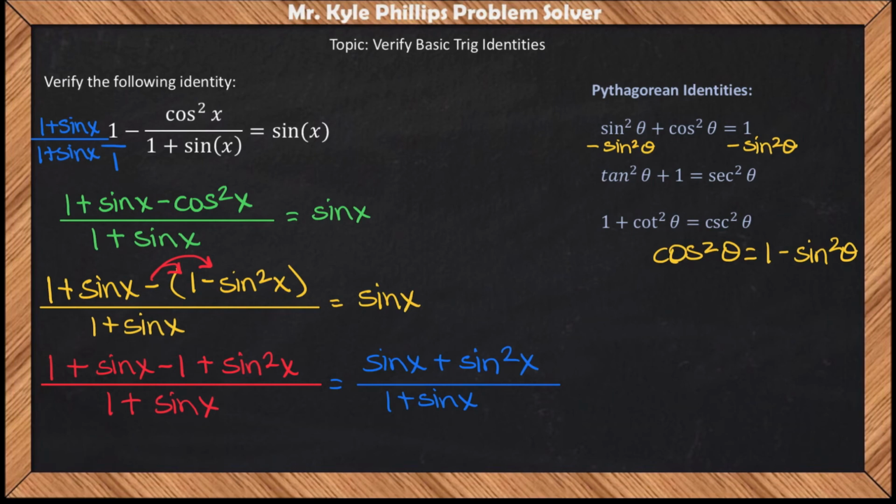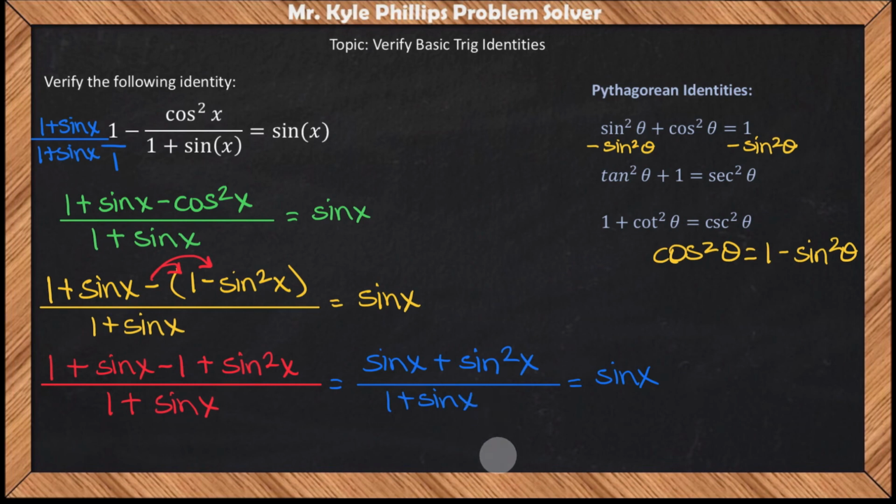Now, looking at this, we know that this equals sine of x. So this 1 plus sine of x down here in the denominator, we really need this to cancel out because we just want to be left with sine x here. So we want to think, is there anything we can do with this numerator to make it so that we have 1 plus sine x?